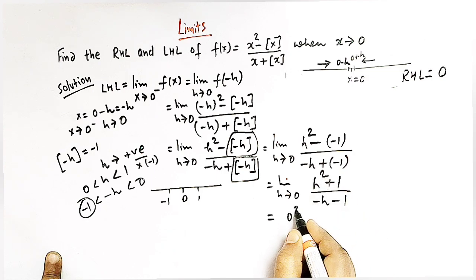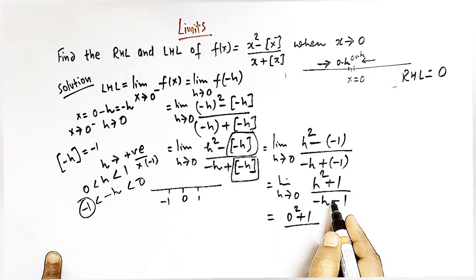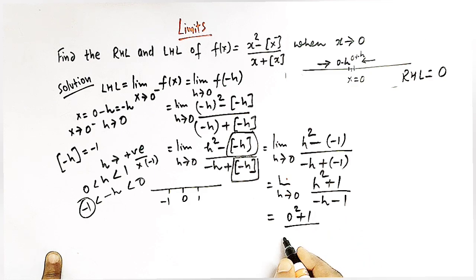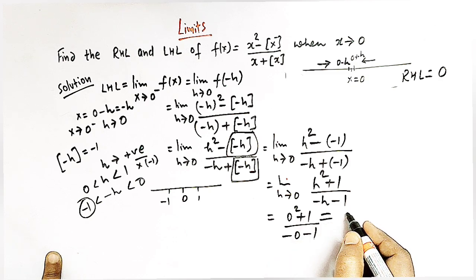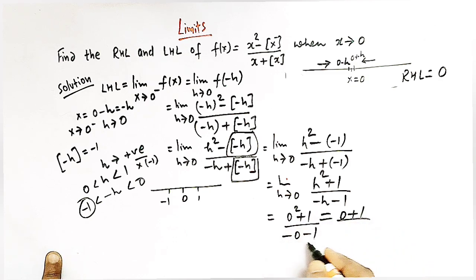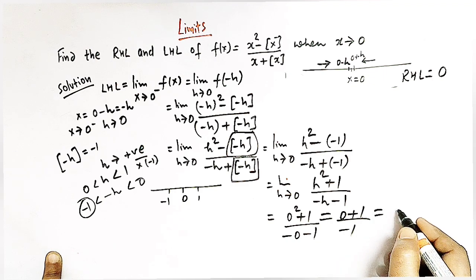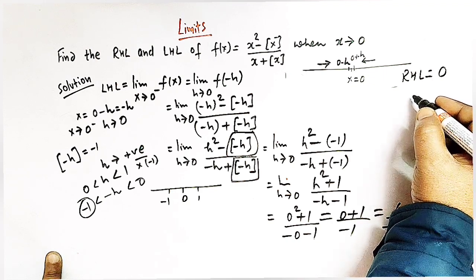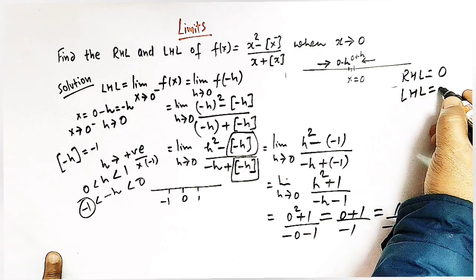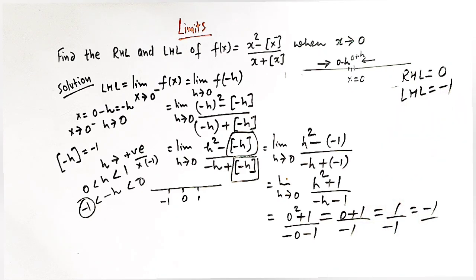So here we have 0 square plus 1, and here we have minus 0, and here we have minus 1. So 0 square is 0 plus 1, this is simply 1, and this is simply minus 1. So this is 1 over minus 1, that is minus 1. So the left hand limit is equal to minus 1.